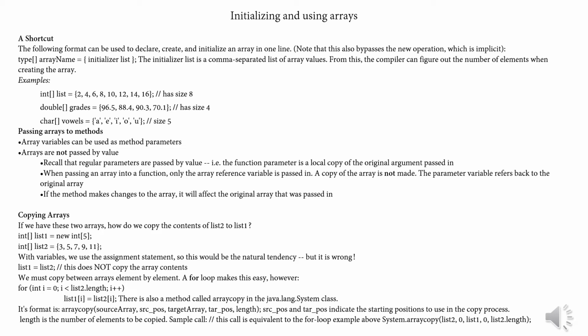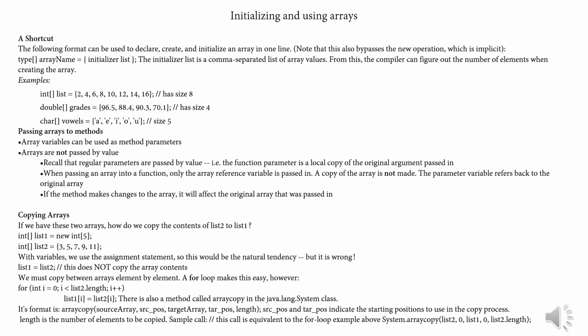Then we can see how we can, for example, copy the elements of two arrays. We have array number 1 and array number 2, and we want to copy the contents of one array into the other. The first way to do so is by using a for loop.